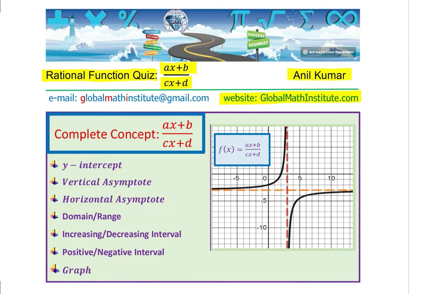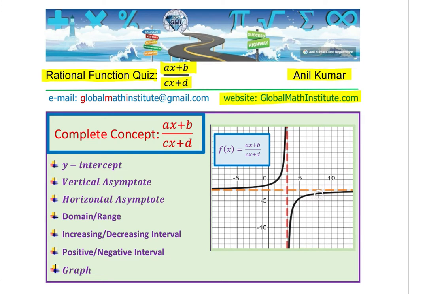Now let's look into the contents of what we are going to cover in this particular video. We have a rational function, as you can see the graph of, and normally any linear quotient rational function will have a very similar graph. The only thing which is going to change mainly is the horizontal asymptotes and the vertical asymptotes.